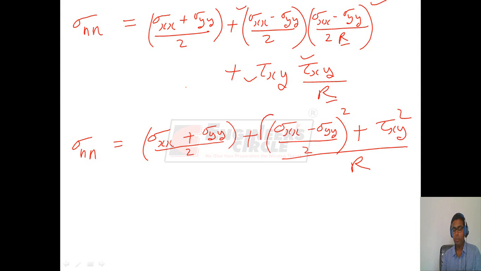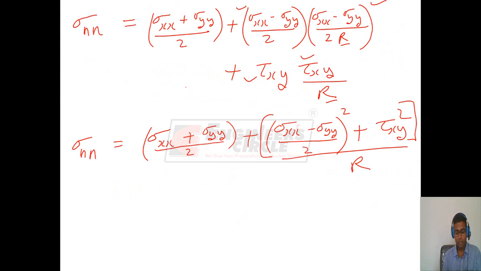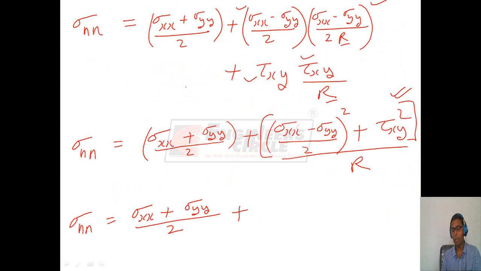If we look at this term, (sigma xx minus sigma yy) by 2 square plus tau xy square, we know that it is equal to r square because r is equal to this term. Therefore, we can write sigma nn equal to (sigma xx plus sigma yy) by 2 plus this numerator will be r square, denominator is r, so we get r.